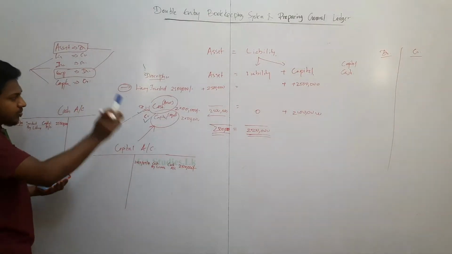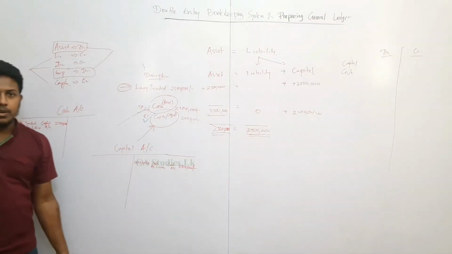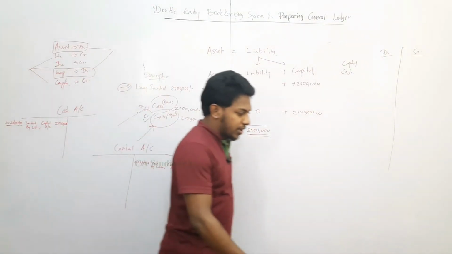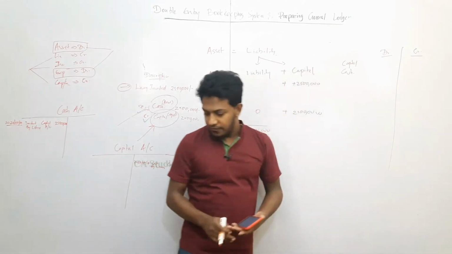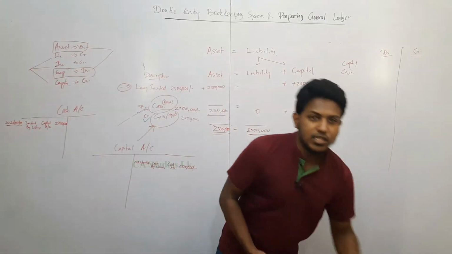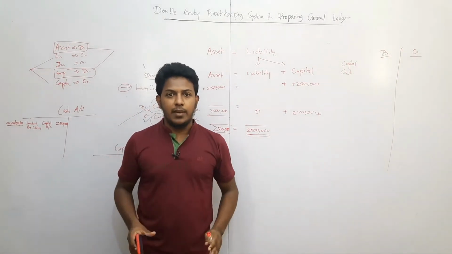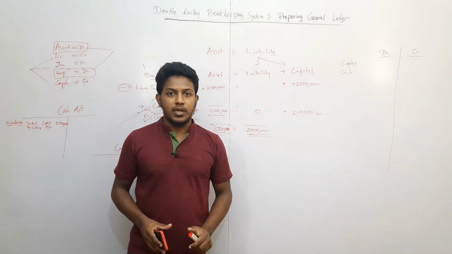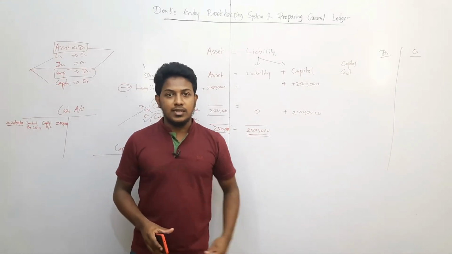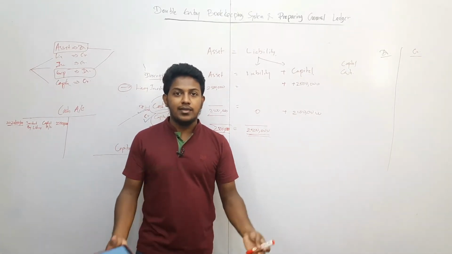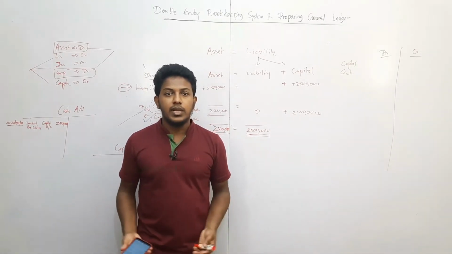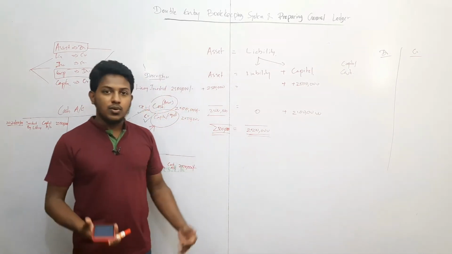Once you pass all the double entries, note that accounting students make one mistake: being lazy to pass the double entry. Each transaction should have the double entry. That's why in Advanced Level also many students do not get the A pass. If you want to get the A pass, you should pass all the double entries.